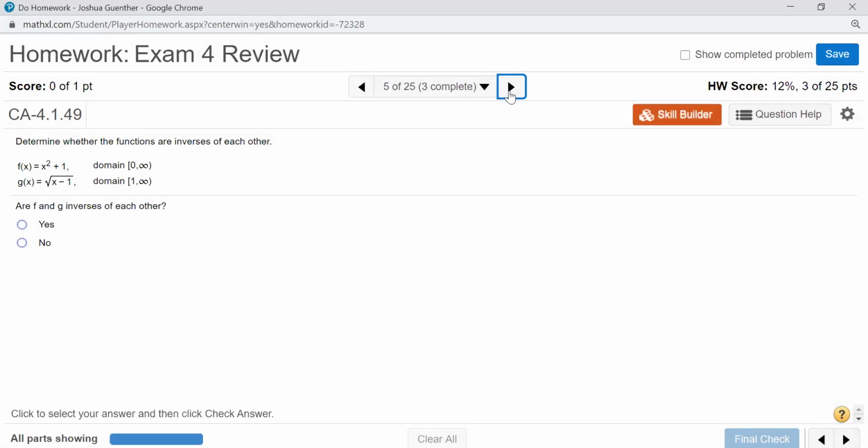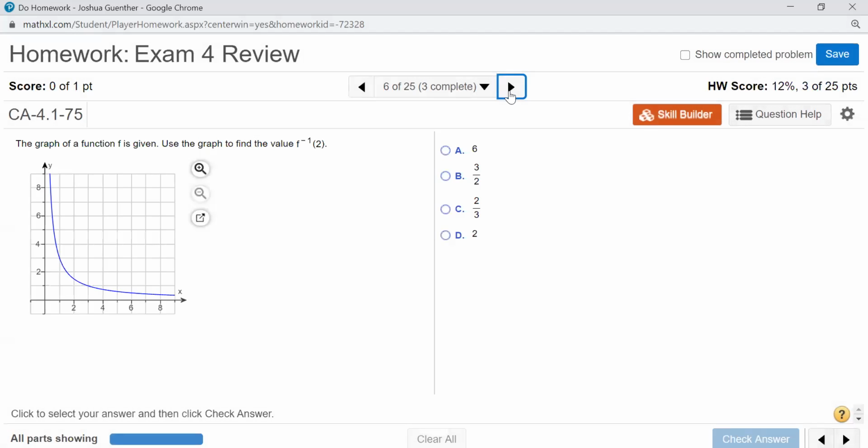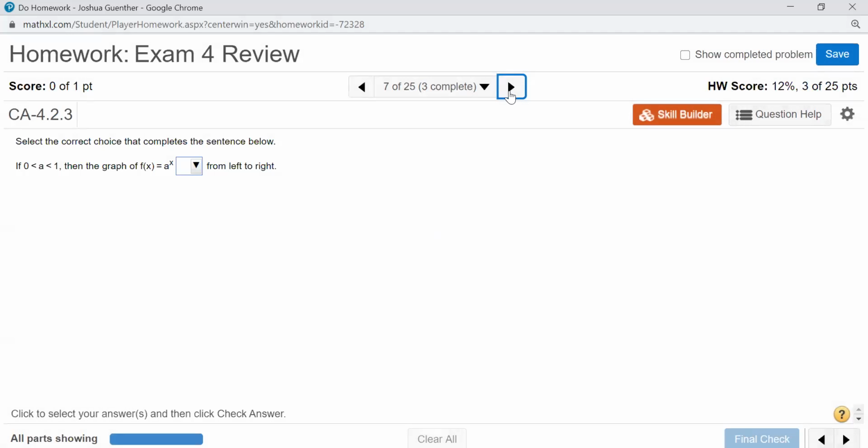So let's see, we've got only so much time. Lots of questions on inverses on this. There's a few facts we can remember.